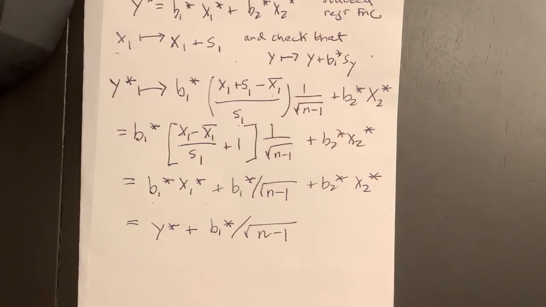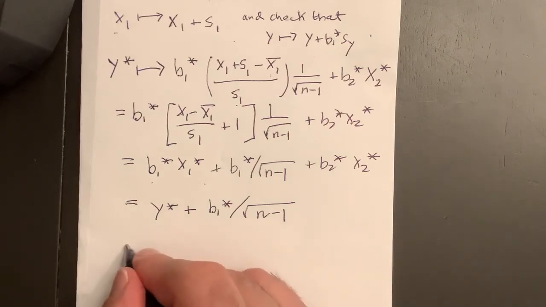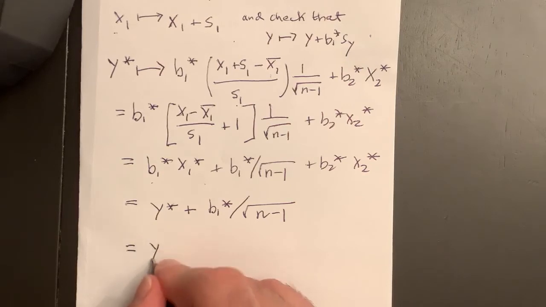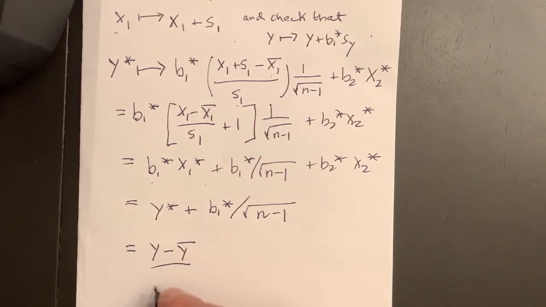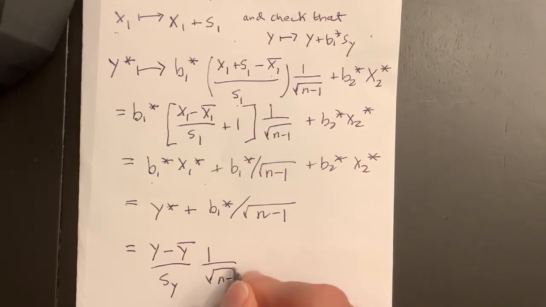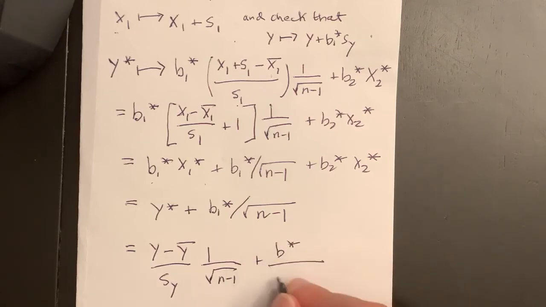Okay, so that's y star plus that. Now let's write y star out. y star is y minus y bar over sy, times 1 over square root n minus 1, plus b1 star over square root n minus 1.